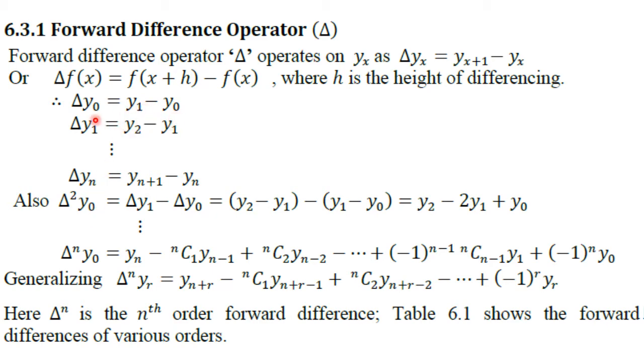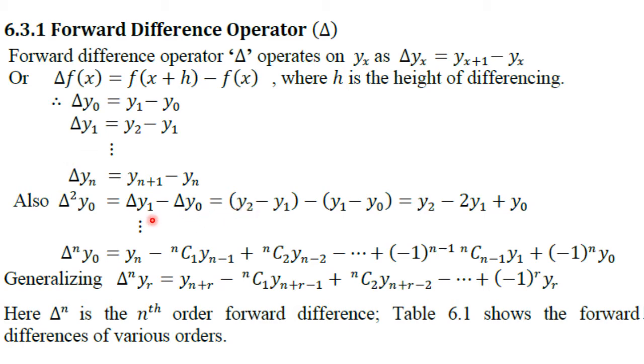So one del is y1 minus y naught, and the second operator is del of del. So in this case, you are now applying once again del on y1 minus y naught.